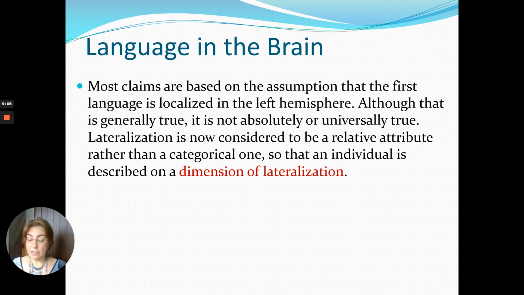Okay, so it is true that roughly language is on the left hemisphere, but we see a lot of language in the right hemisphere, and we actually see that it is not completely constant across individuals, right? So there are people who kind of store their language more towards the left or more towards the right.